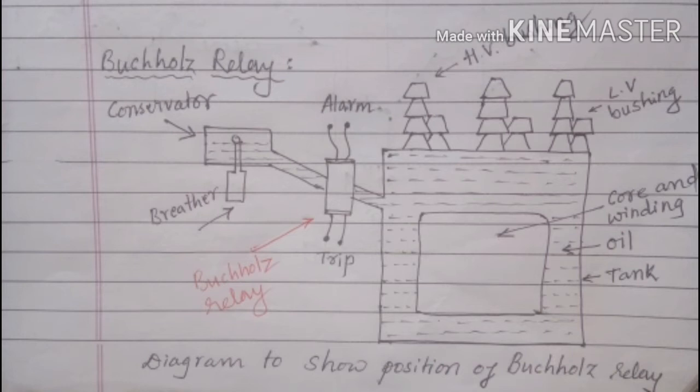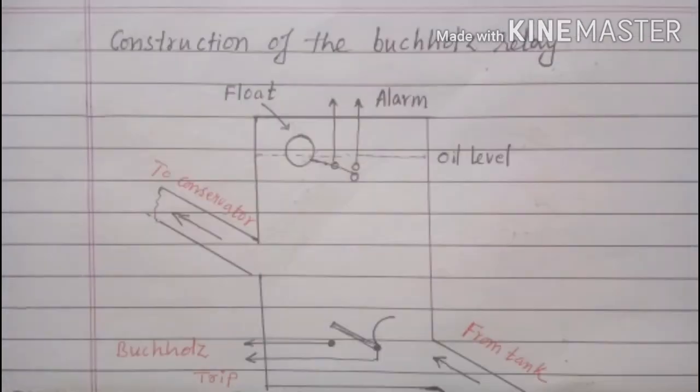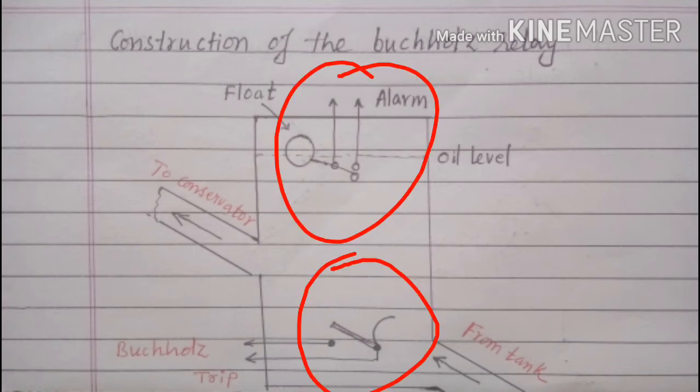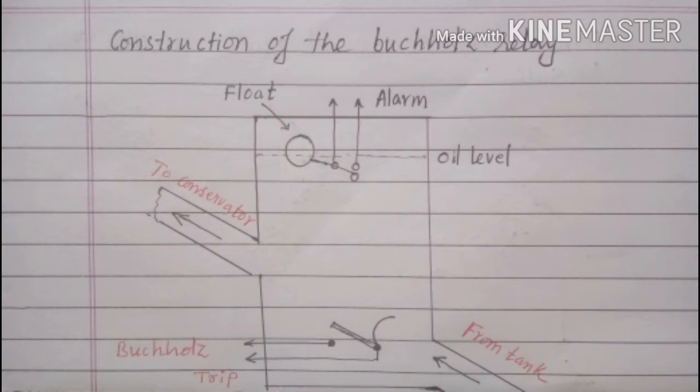Buchholz relay is connected between the transformer and its conservator. Buchholz relay has vane and float with associated contacts.